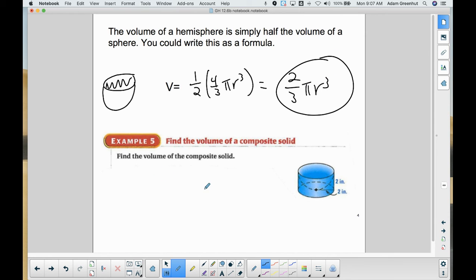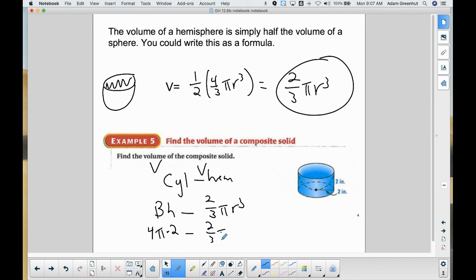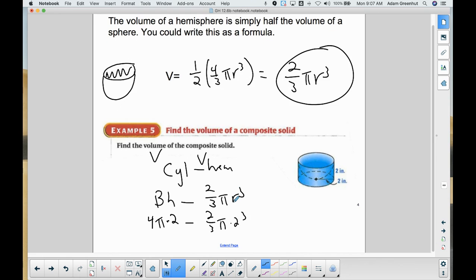To find the volume of this composite solid, I'm going to do my cylinder minus my hemisphere, and that's volume of the cylinder minus volume of the hemisphere. So I'm going to take area of the base times the height on the cylinder minus 2/3 pi r cubed. Since the radius is 2, it's going to be 4 pi times the height of 2, minus 2/3 pi times 2 cubed.